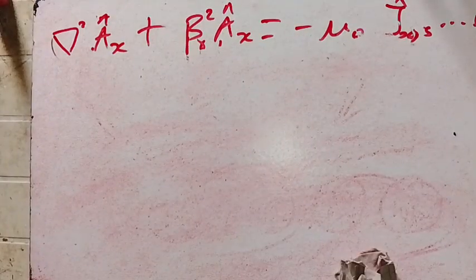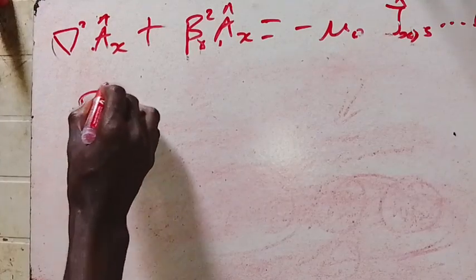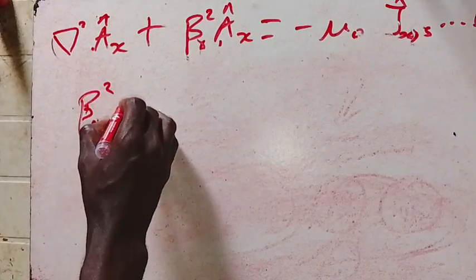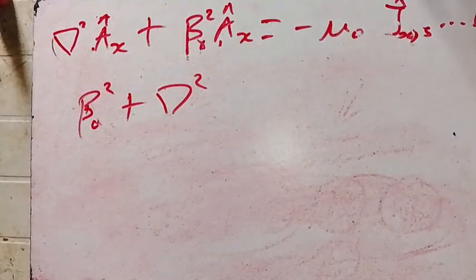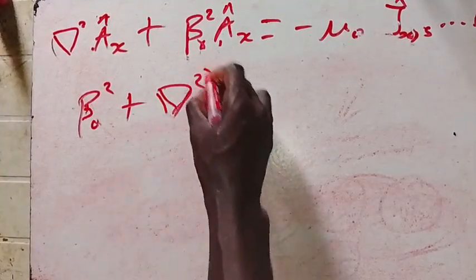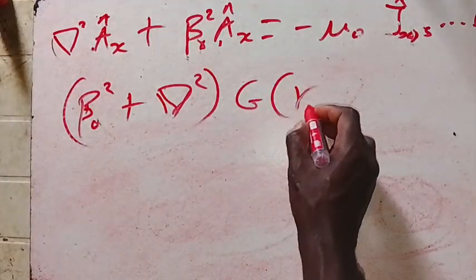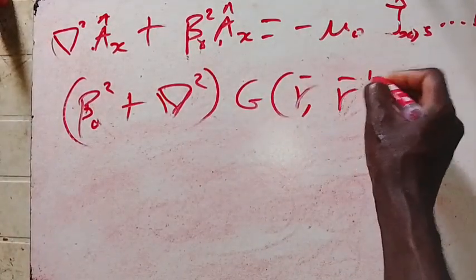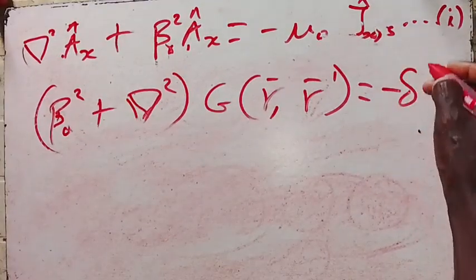And what is that? He said that beta naught square plus nabla square, multiplied by the Green's function, will be equal to negative delta.